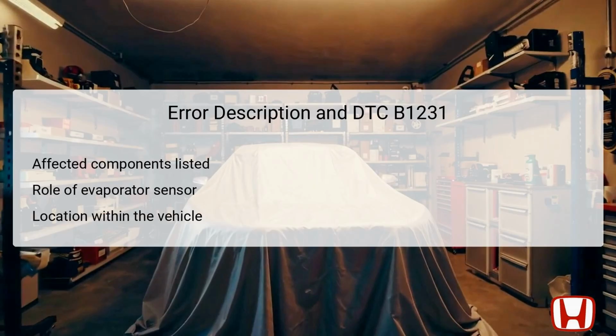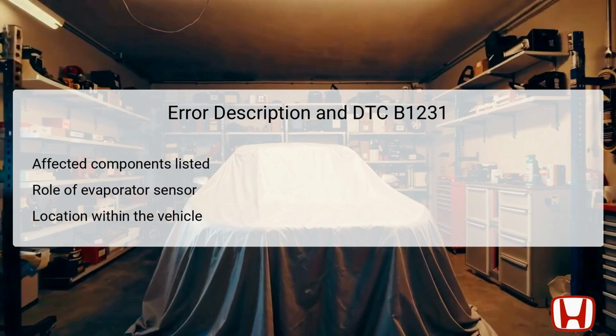The evaporator temperature sensor circuit is critical in maintaining optimal interior climate control within the Honda Accord from 2008 to 2012. This system involves components like the climate control unit, which interfaces with the evaporator temperature sensor to assess the cabin temperature.